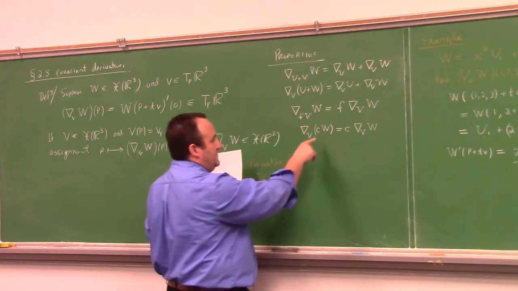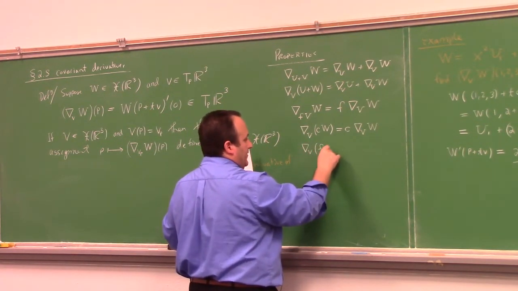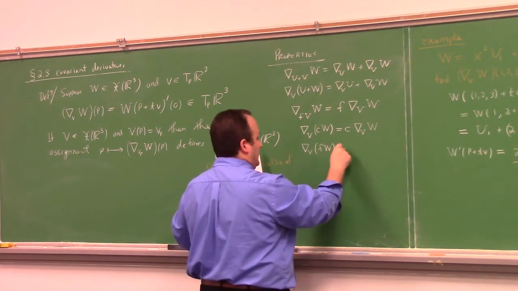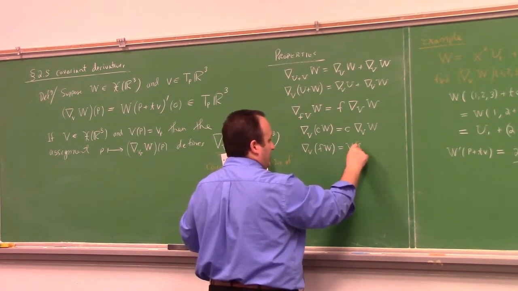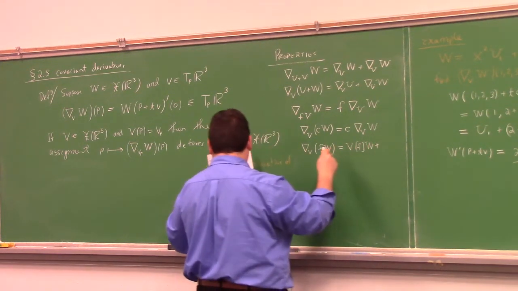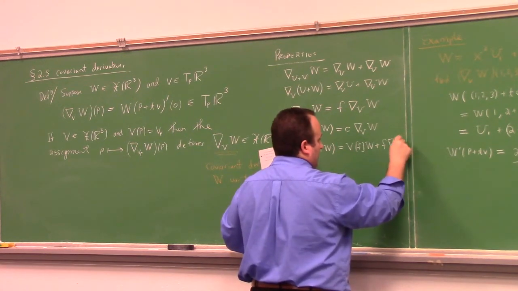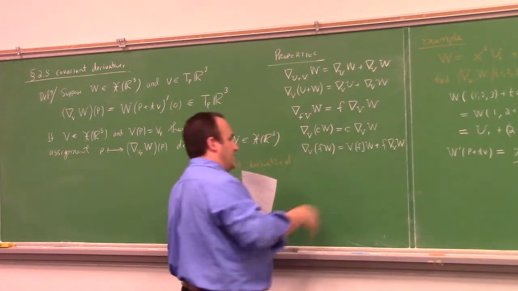Now, if instead of having a c here, you have an f, well, the way that works, there's a product rule. It ends up being v of f in the w direction plus f times the covariant derivative of w with respect to v.